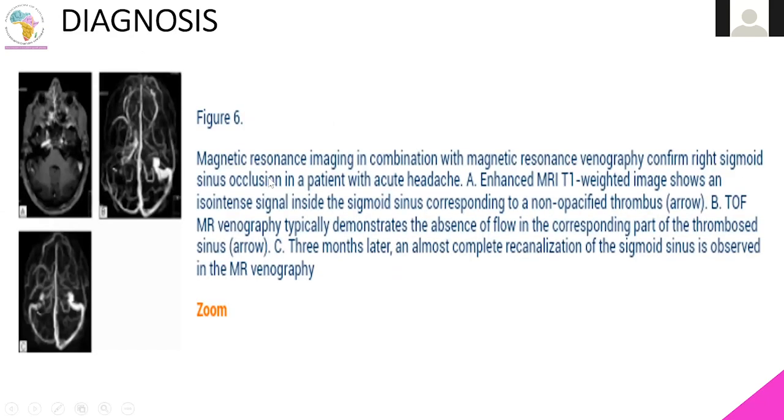So here we have a magnetic resonance imaging in combination with magnetic resonance venography confirmed with sigmoid sinus occlusion in patients with acute headache. So on A, we have enhanced MRI T1 weight image, which shows an isodense signal inside a sigmoid sinus corresponding to an opacified thrombus.